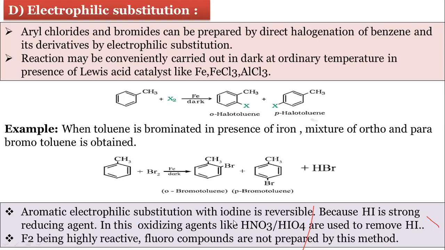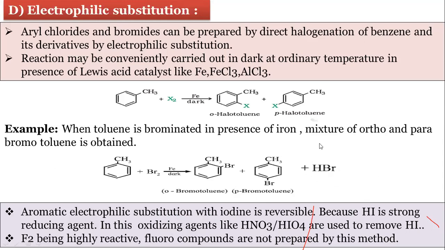Aromatic electrophilic substitution with iodine is reversible because you know HI is a very strong reducing agent. When HI is prepared, again it will give the reverse reaction. In this reaction, we have to use oxidizing agents like HNO3, HIO4 to remove HI.